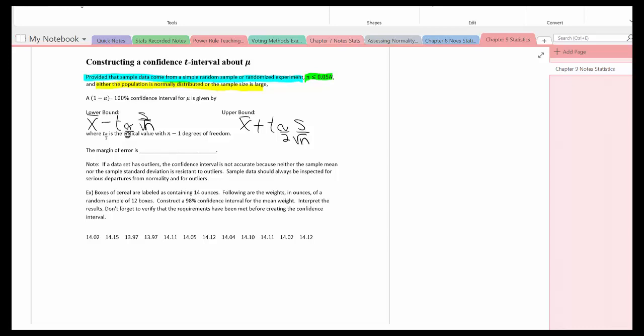And in this case, the margin of error is t sub alpha divided by 2 times the sample standard deviation divided by the square root of n.